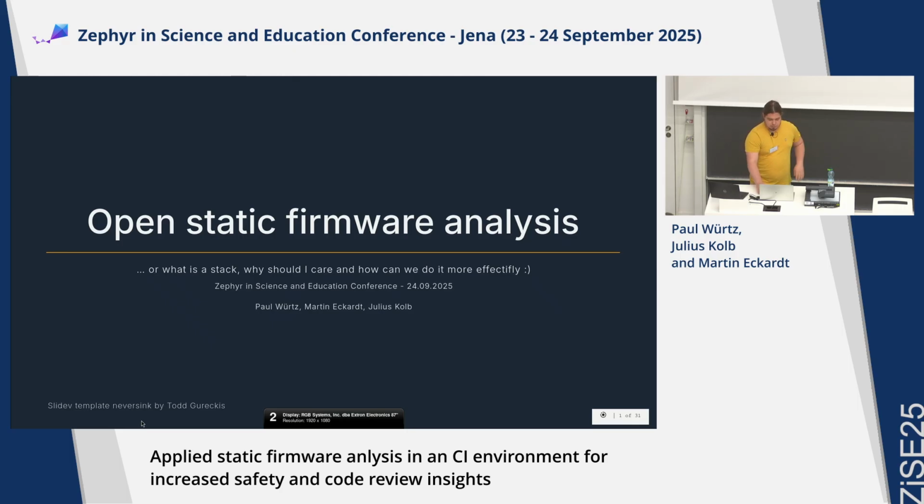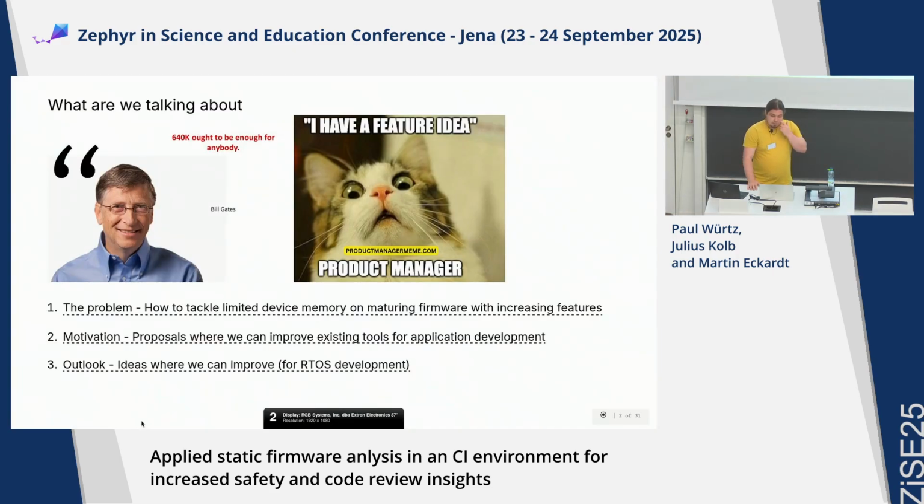So static analysis can mean a lot of things, but usually at some point when you're developing a product for many years and adding new features or having new variants of your products, you're adding features, and the memory just gets fuller and fuller, and at some point you have to try to optimize.